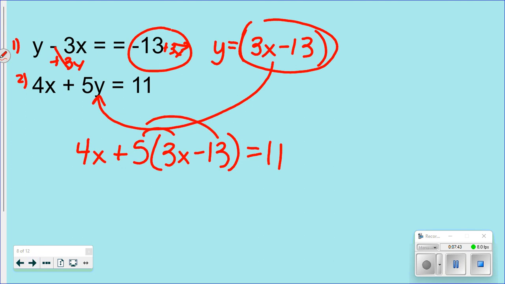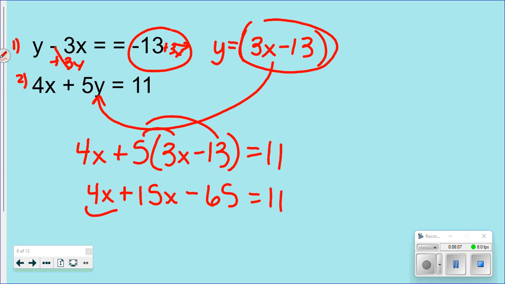So first, we're going to bring everything back that we talked about last chapter. I'm going to do some distributing here. So this is going to be 4x plus 15x, and then 5 times a negative 13 is going to be a negative, I believe, 65. And I'm just going to check that on my calculator just to make sure. If you need to use your calculator, fine. Yep, negative 65 equals 11.